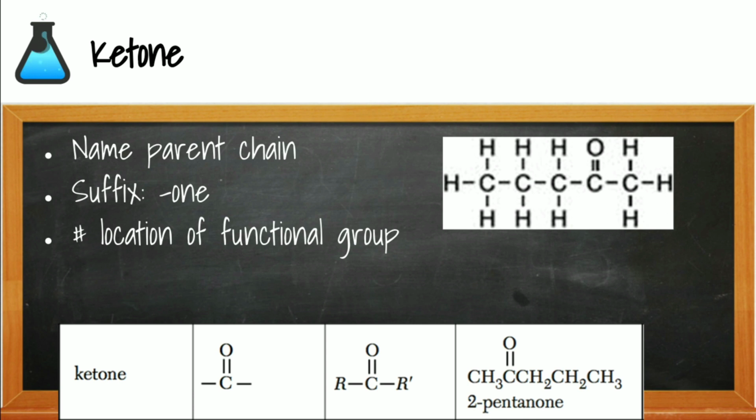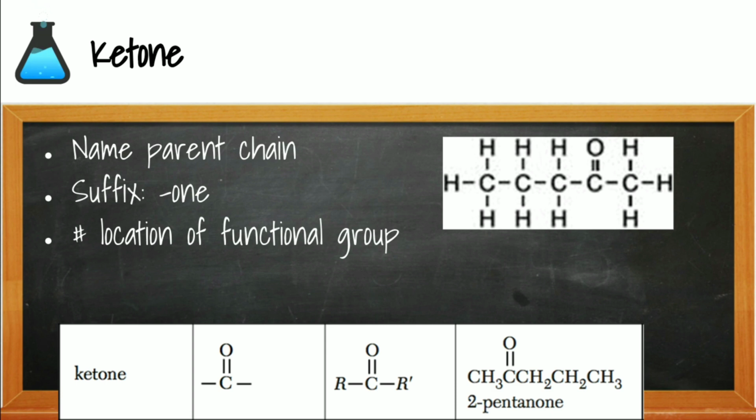Now let's look at the ketones. Ketones also have that double bonded O on a carbon, but you can see that it's included within the chain. So the name and example on reference table R is 2-pentanone. What we'll do is start with the pent, and we'll have 5 continuous carbons.